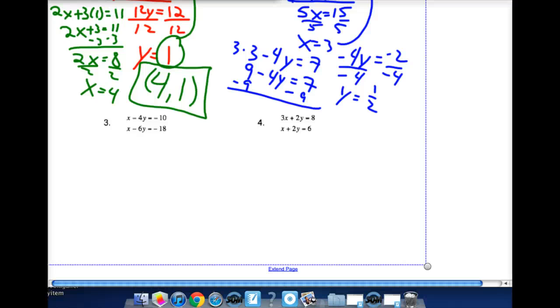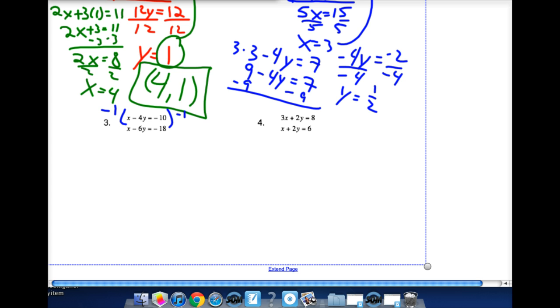Divide by negative 1. Nico. Divide by negative 1. Okay, you guys all know how to divide by negative 1, but because it's easier, I'm going to multiply the first equation, everything, by negative 1. Multiplying by negative 1 would do the same thing as dividing by negative 1. But it's just easier to write, I think.